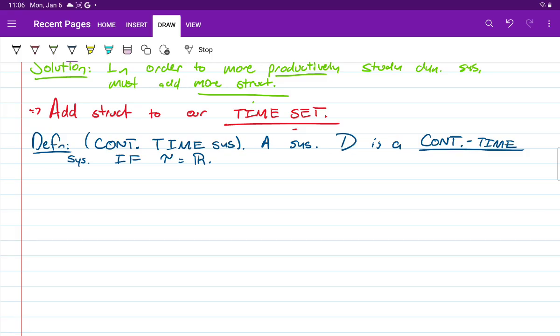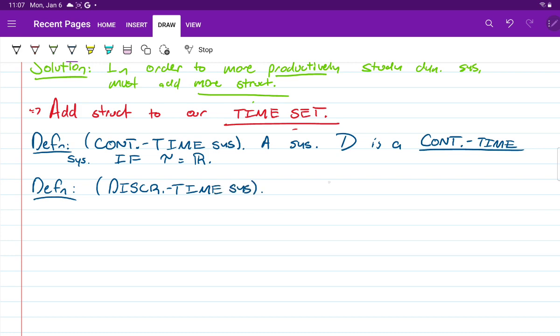What we also have is a discrete time system, right? So, definition of a discrete-time system.